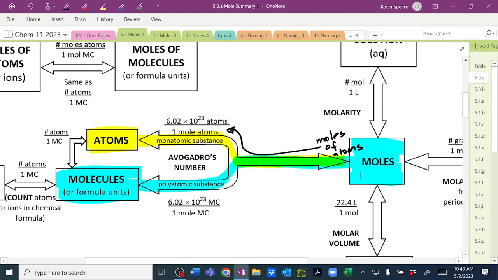But if I'm converting from moles to molecules, I need to be starting with the moles of molecules. Does that make sense? It's like if I had a dozen elephants, I can find the number of elephants. I cannot find the number of ducks. So if I'm going from moles and I want to find atoms, I have to be starting with moles of atoms.